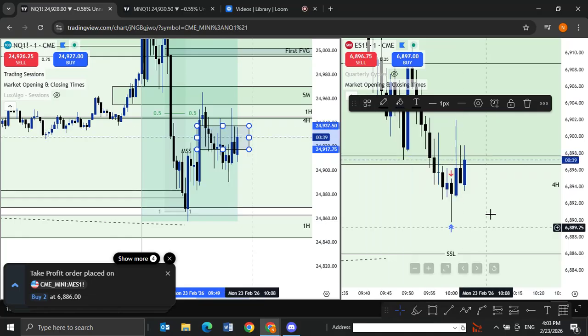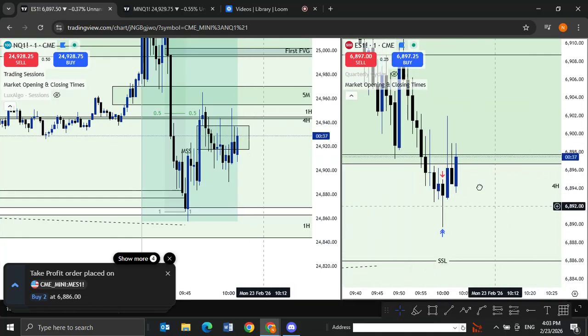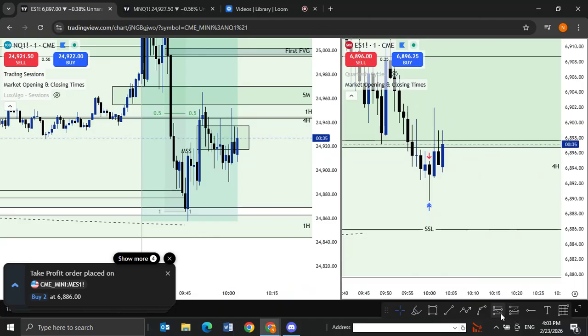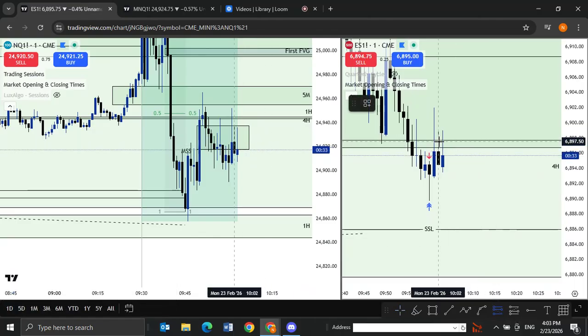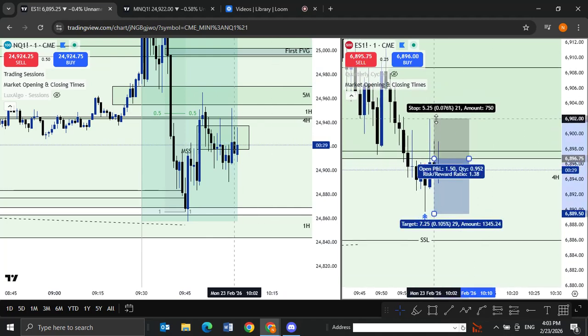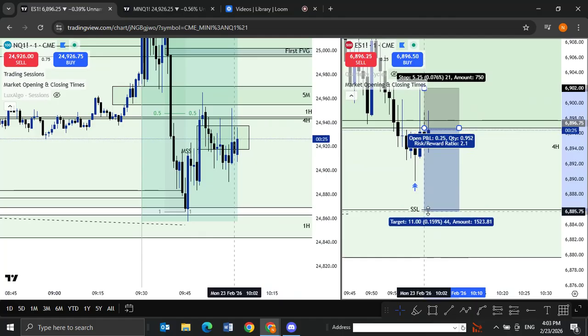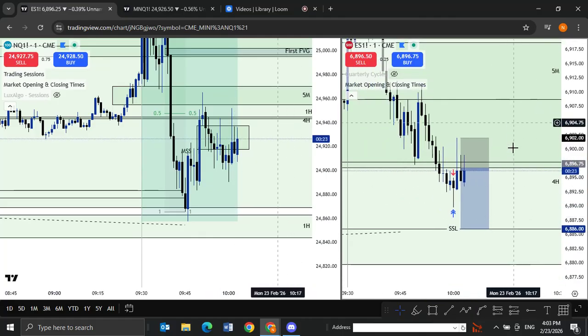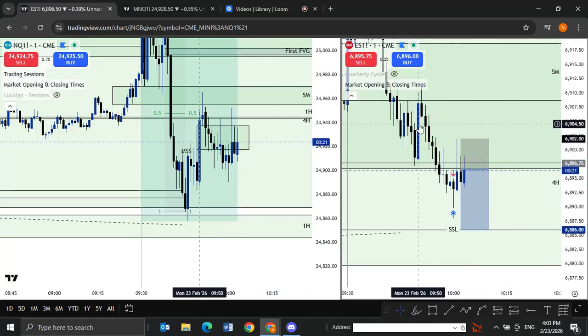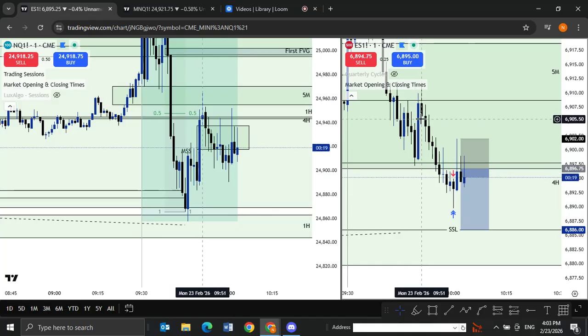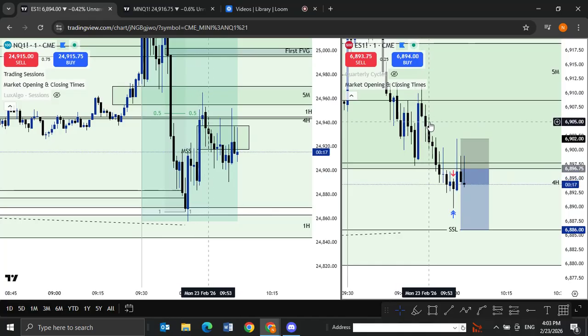Okay, we have a push higher now. Let's see if price can hold up. I don't want to see push higher because I don't have PD arrays here, except this inversion for Valaga, but it was taken already.